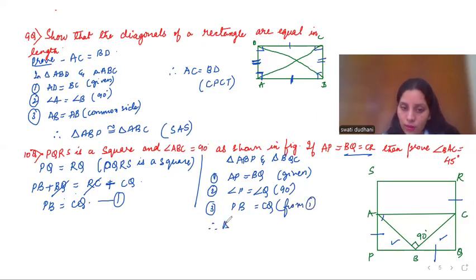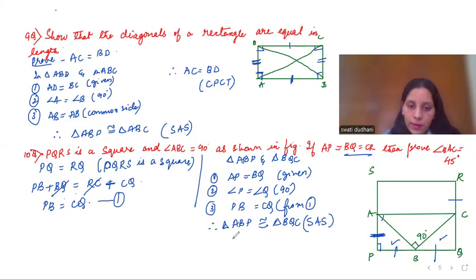So, therefore, triangle ABP is congruent to triangle BQC. By which congruency? This is side, angle, side, by SAS. And then by CPCT, I can write AB and BC are equal.